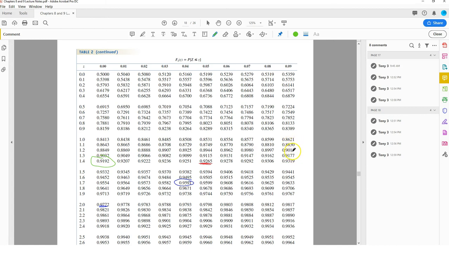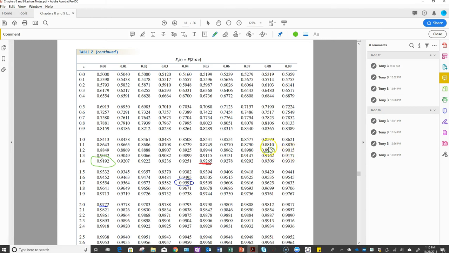This is closer, 0.9015, still a bit over. This is a bit under at 0.8997. This is 0.003 under. This is 0.015 over. This one here, the 0.8997, is the closest to 0.9. If I can find it exactly, great, but sometimes you're not going to be able to.